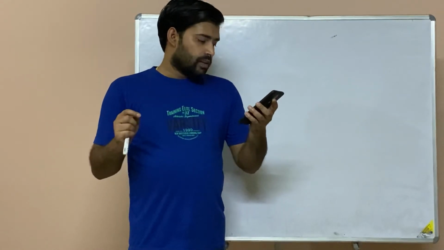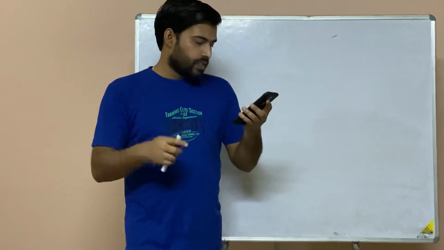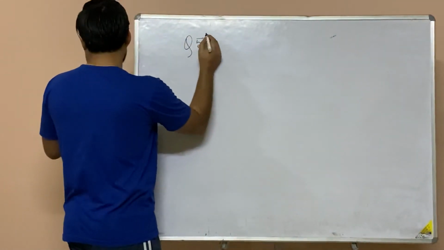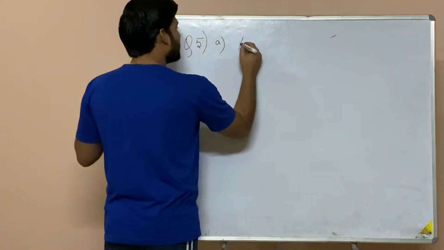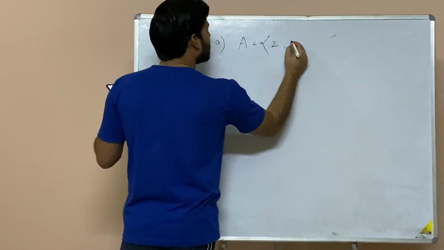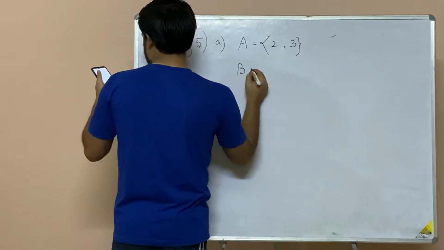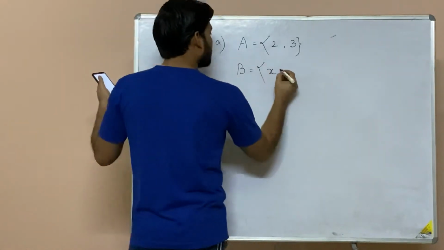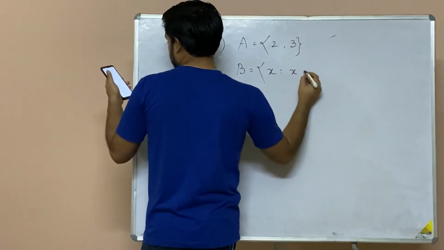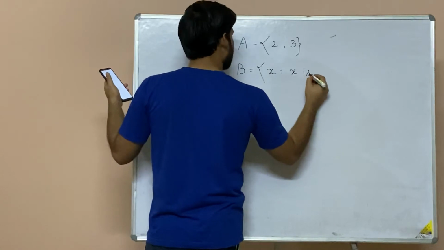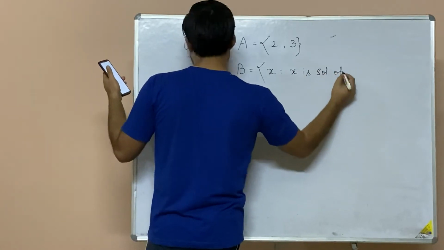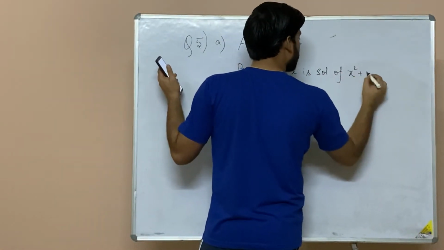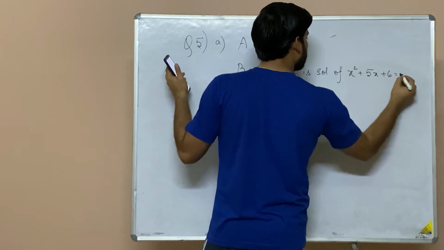Question number 5. Are the following sets equal? Now, for example, one example I am showing here. In question number 5, first part, you have set A, which is given by 2 and 3, and set B is given by arbitrary element x, such that x is a solution of x square plus 5x plus 6 equal to 0.